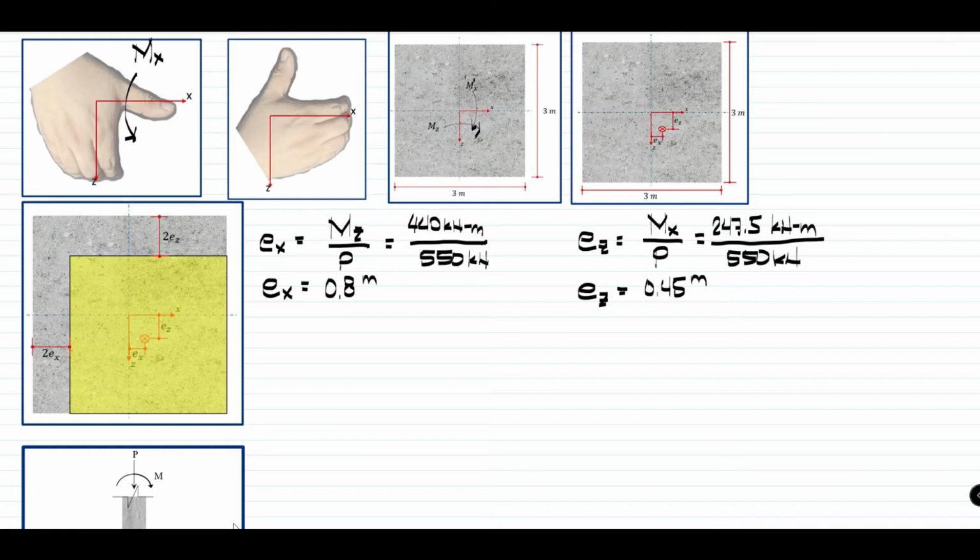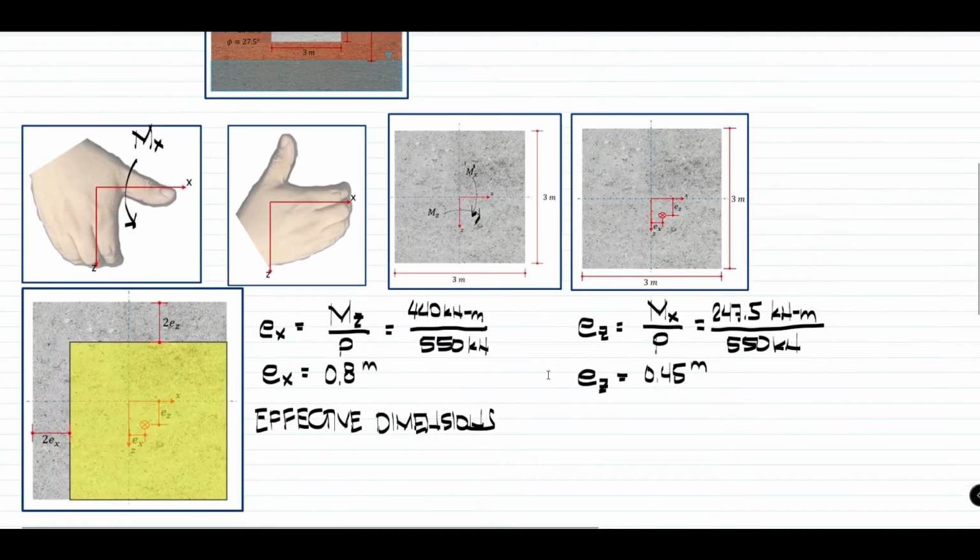Kailangan muna natin makita kung sino yung mas maliit na ilalabas na dimension or effective dimensions. So, doon tayo sa pag-determine ng effective dimensions. Nagkataon na yung footing natin is square. Kung rectangle man yan, ang kailangan lang natin tignan is kung ano yung eccentricity na parallel dun sa side na yon.